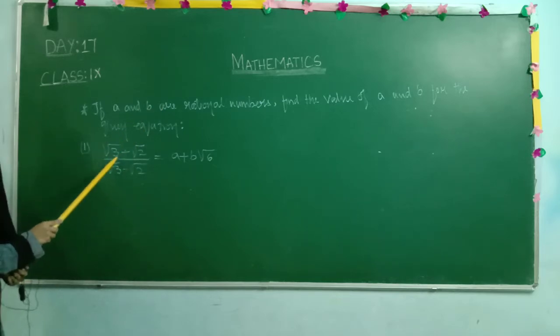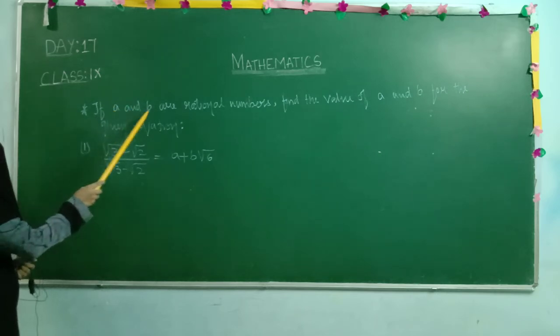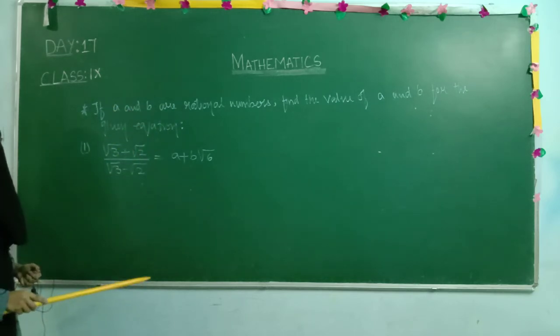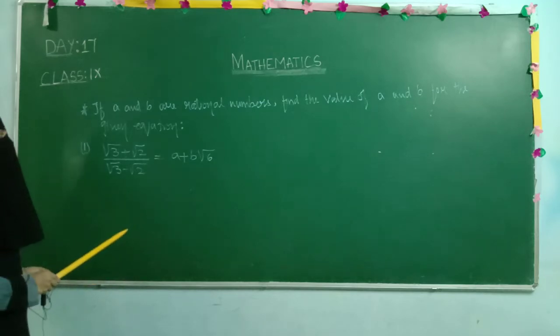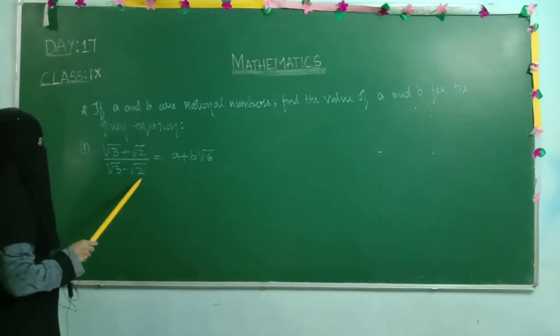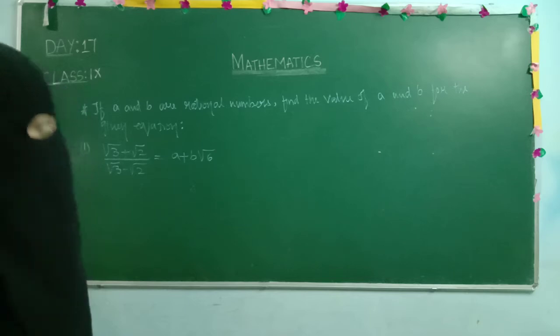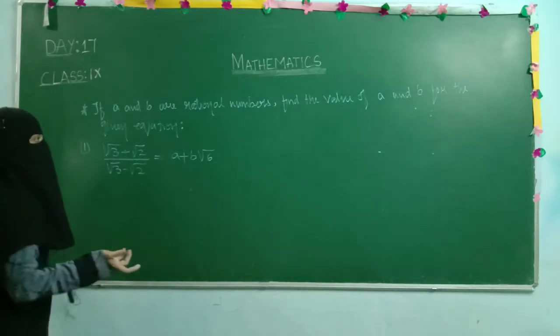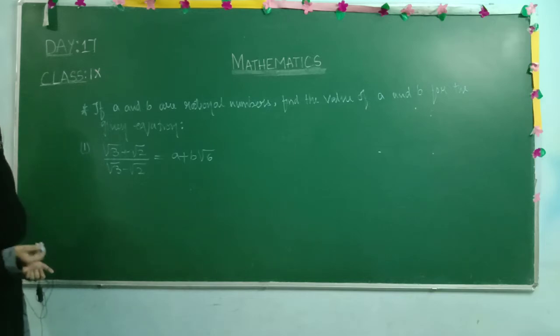The question is given in the form of irrational numbers. It is given that a and b are rational numbers, and what those rational numbers are is not given in the question. We need to find out what those rational numbers are by taking this equation. So let's check how to find this a and b value and what values we are getting that are your rational numbers.